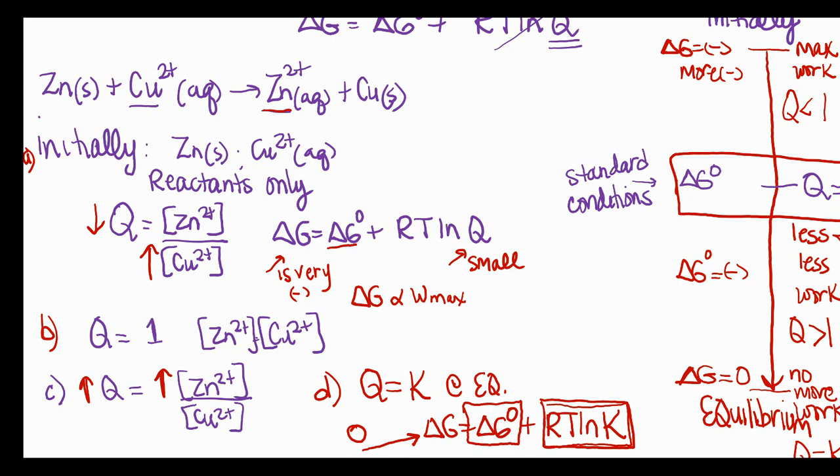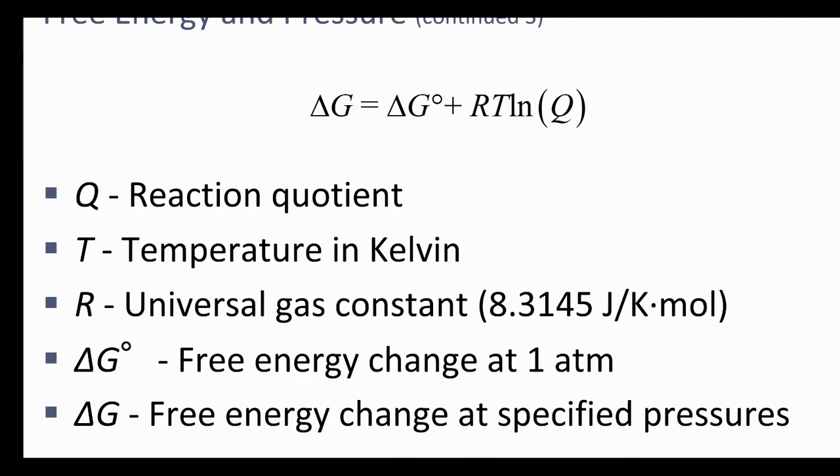Okay, so with this in mind, here's the reaction. So Q is the reaction quotient. This is temp. This is our universal gas constant. Free energy change at 1 atmosphere standard conditions.